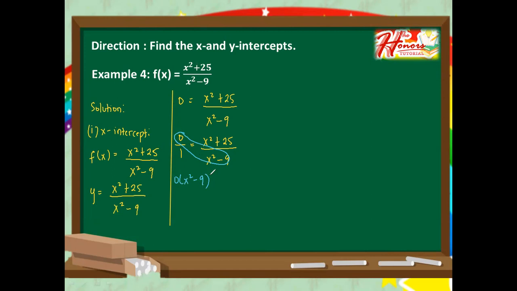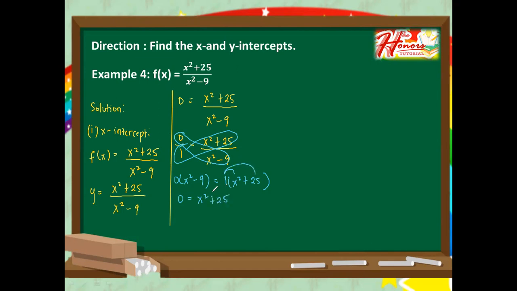And then don't forget the equal sign. So equals. Partners are 1 and x squared plus 25. So we have here 1 times x squared plus 25. And then any number or terms variables that you multiply to 0 is equal to 0. So we will be writing 0 here. And then 1 times x squared is x squared. 1 times 25 is 25.